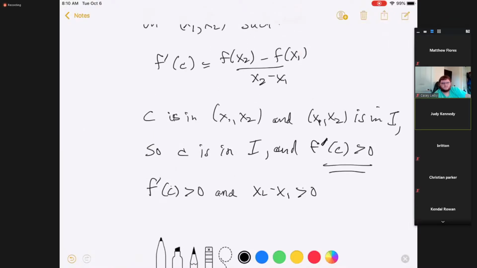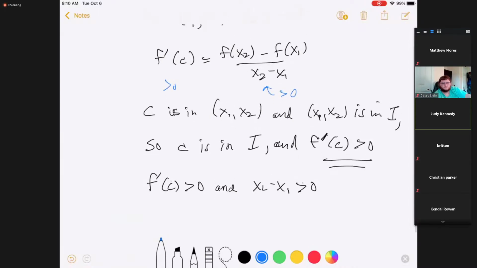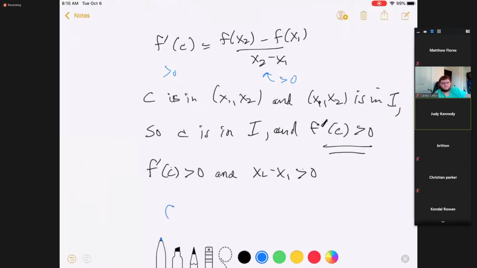Well, then I can just say f prime of c times x2 minus x1 is equal to f of x2 minus f of x1.